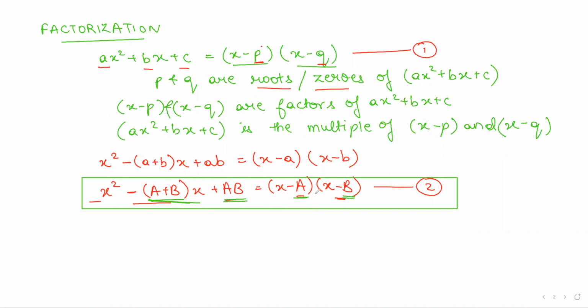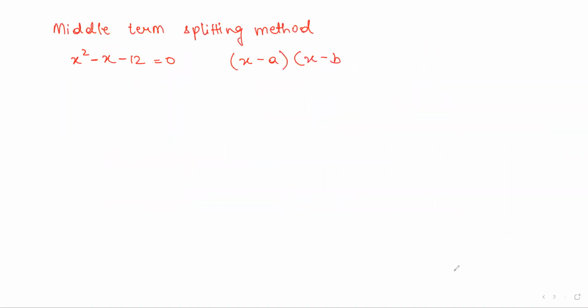Similarly, the constant term can be represented as the multiplication of these two, provided your x squared has a coefficient 1. As we can see, x squared has a coefficient 1, which means a plus b is equal to, let's include the minus sign for the time being, minus 1, and a into b has to be equal to minus 12.